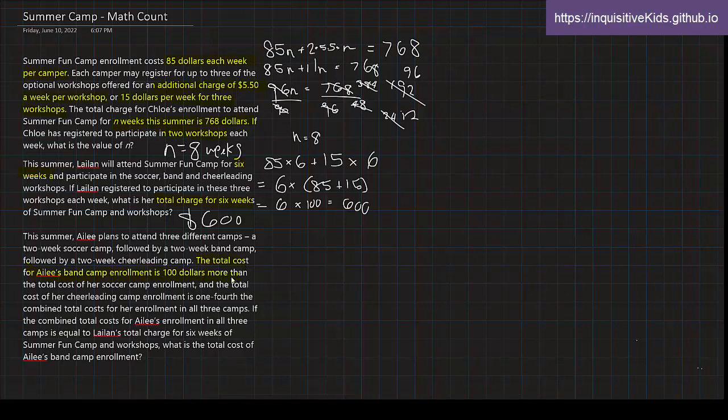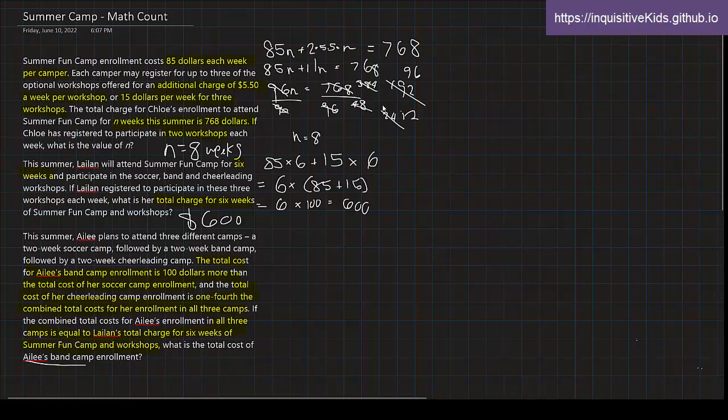The total cost of her soccer camp enrollment and the total cost of her cheerleading camp enrollment is 1/4 the combined total costs of enrollment in all 3 camps. If the combined total costs for Ailee's enrollment in all 3 camps is equal to Lailan's total charge for 6 weeks of summer fun camp and workshops, what is the total cost of Ailee's band camp enrollment?